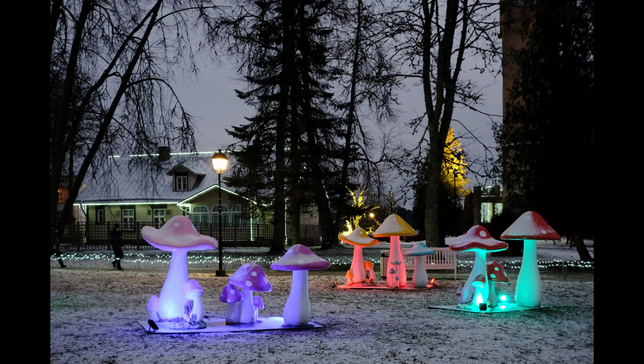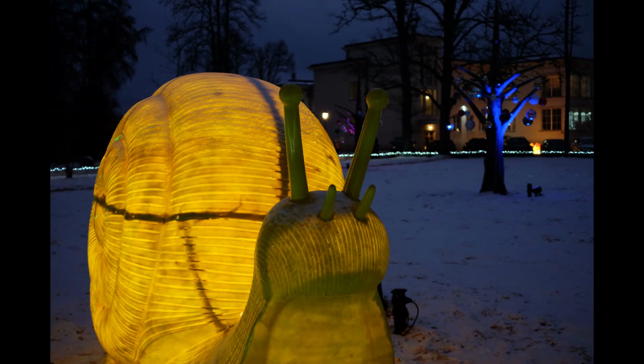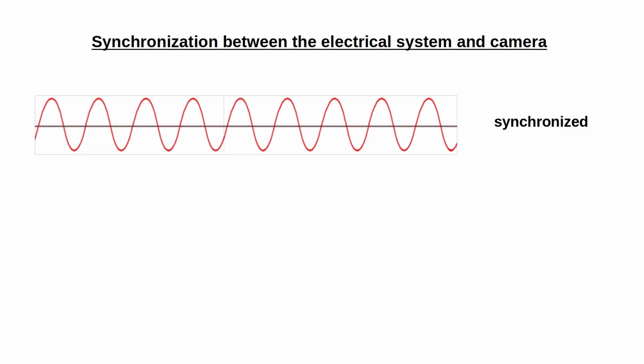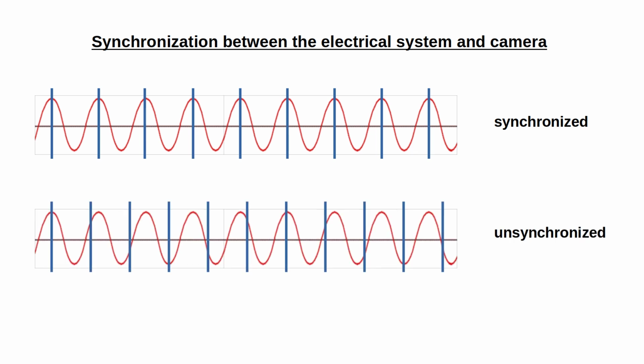In video, you need to make sure that each frame captures the same amount of light, so the LEDs appear equally bright throughout. The light behaves like a sine function, an oscillation. You want each frame to capture the same oscillations and not cut them differently for each frame. This means that you need to sync your recording process.